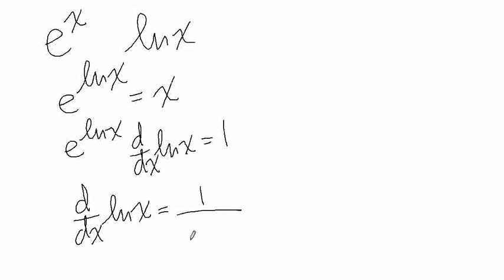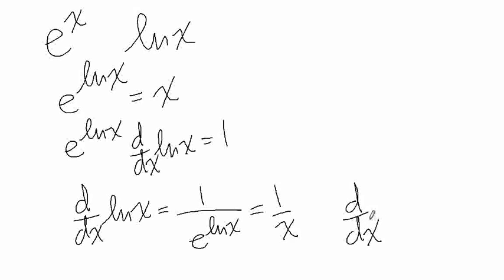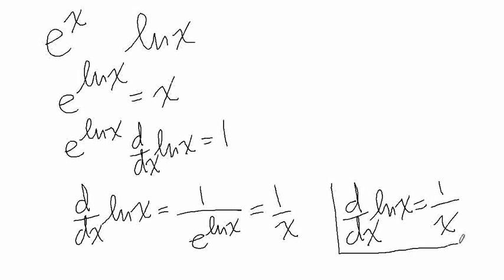So that gives 1 over e to the ln of x. But we just established that e to the ln of x was equal to x. So this is equal to 1 over x. All right? So therefore, the derivative of the ln of x is equal to 1 over x. So please make a note of that.